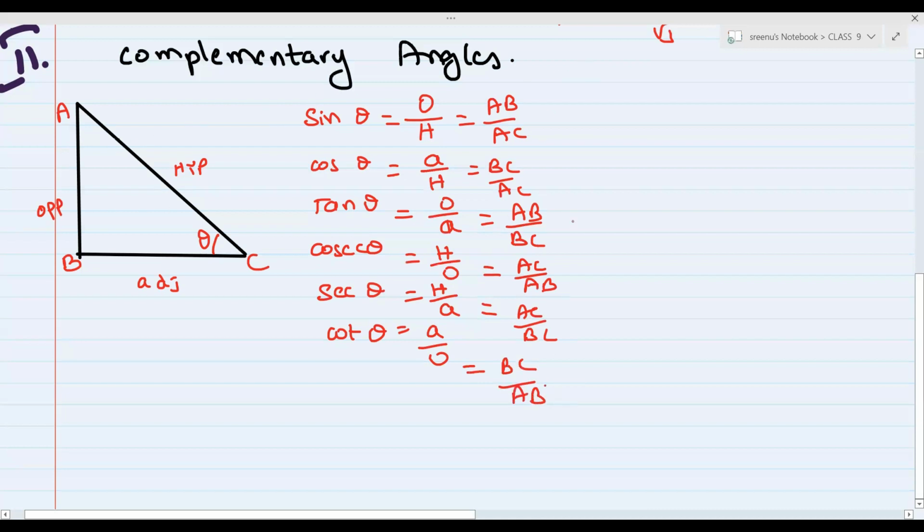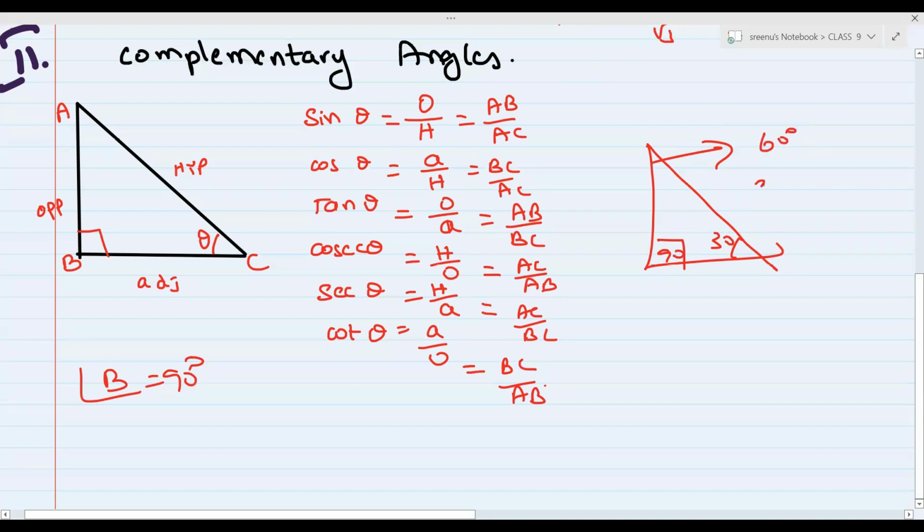Now, in this right angle triangle, angle B is equal to 90. Then this I'm taking as 30 degrees. Then what will be this angle? 60 degrees, 90 minus 30. Suppose it is x, you will write 90 minus x.